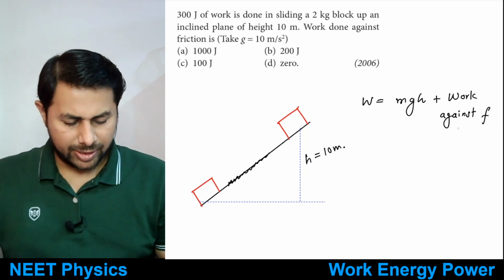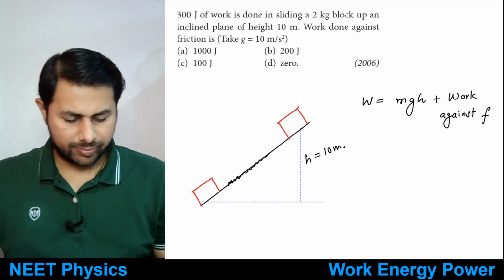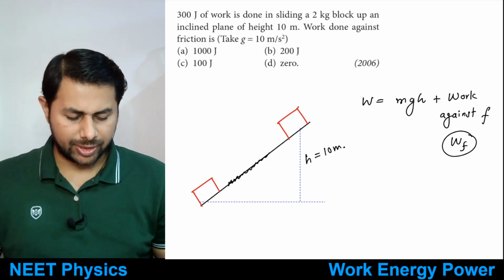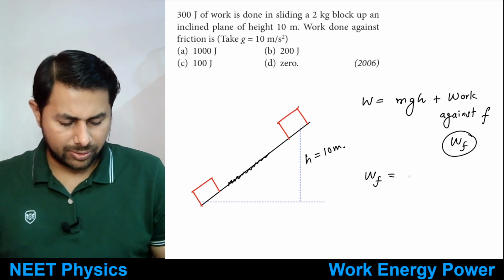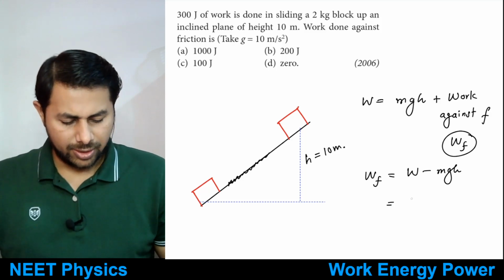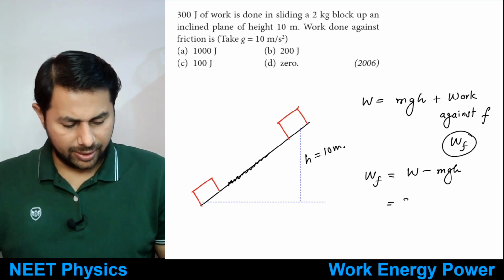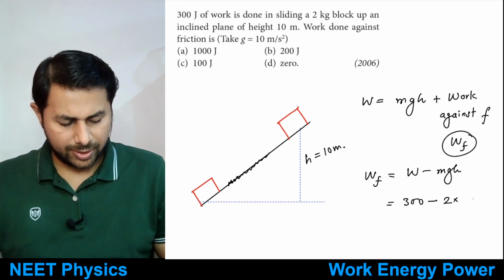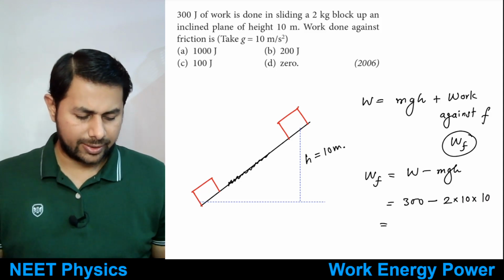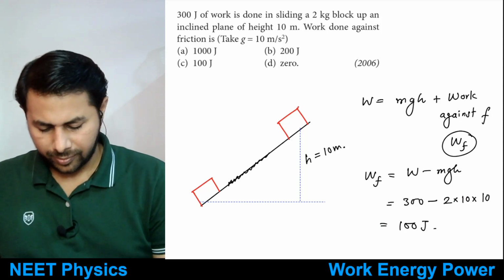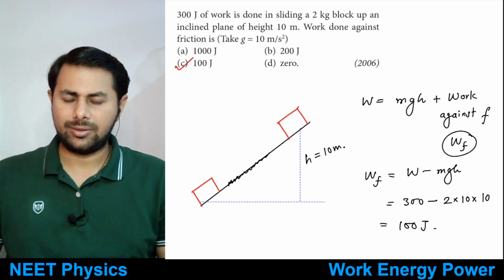So work done against friction, suppose it is Wf. What will be Wf? It is total work done minus mgh. Just put the values. Total work done is 300 minus, it is a 2 kg block, g is 10 and h is 10 meters, so that is 200, right? 300 minus 200 means 100 joules. The answer is option C.